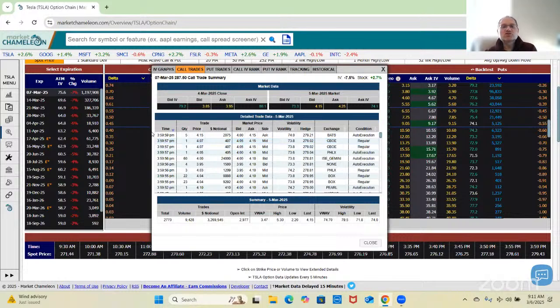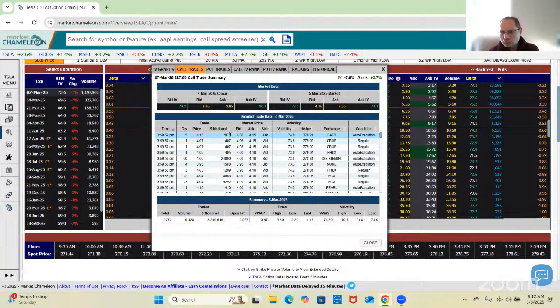So for example, reading this from left to right, at 3:59 and 59 seconds p.m., there's a trade in this option for 5 contracts, at a price of $4.15. In notional dollar value, it's $2,075, because 5 contracts times 415 times 100 is the value of that trade.